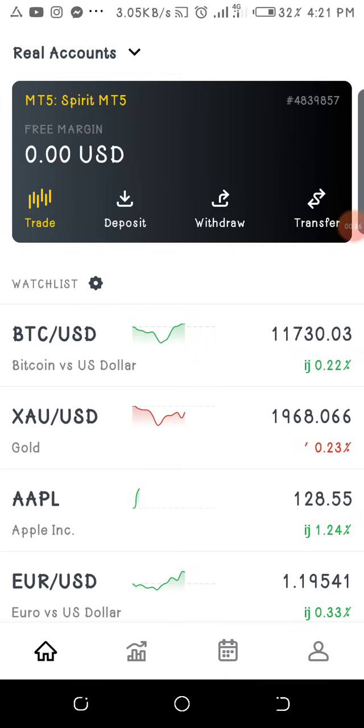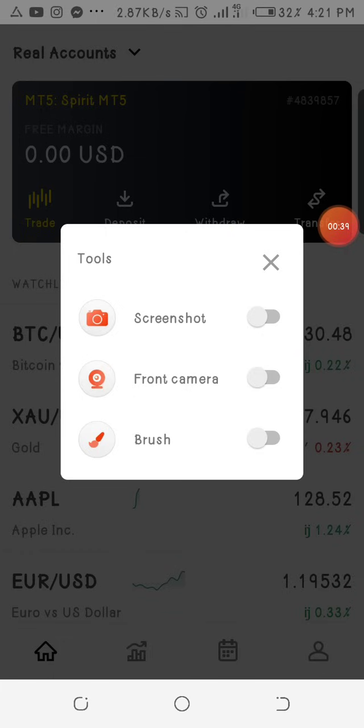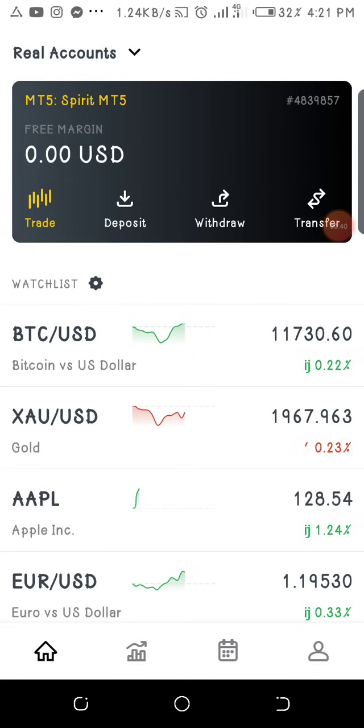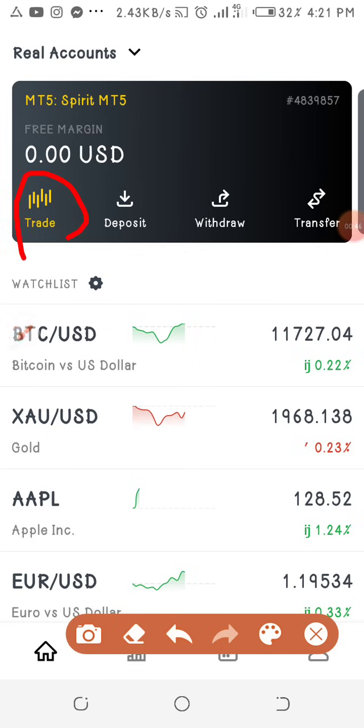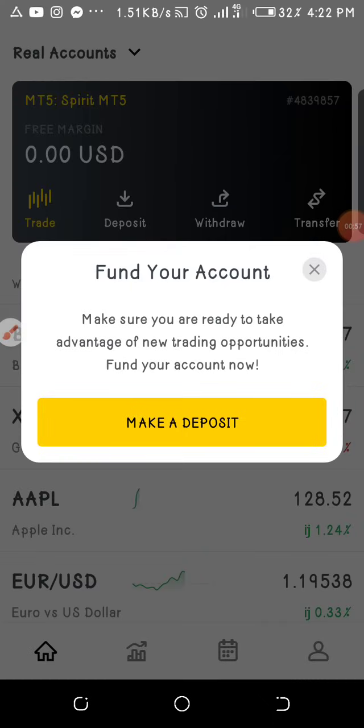So what you need to do is, this is where you need to click if you want to use your Exness platform to trade instead of MetaTrader 4. You see here, this is where you need to click, this trade. Now this account is for tutorial purpose, so once you click trade, it will tell you deposit, because there's no money there.